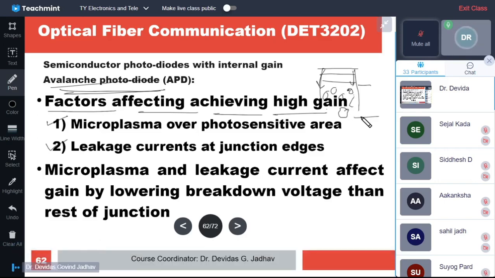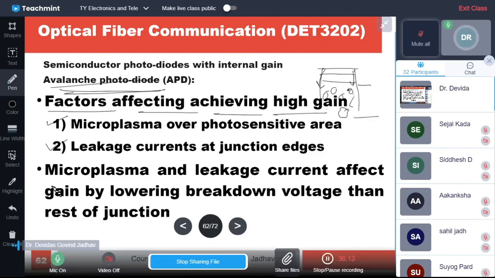The microplasma and the leakage current affect the gain by lowering the breakdown voltage compared to the rest of the junction. So suppose this junction has some breakdown voltage VBR.